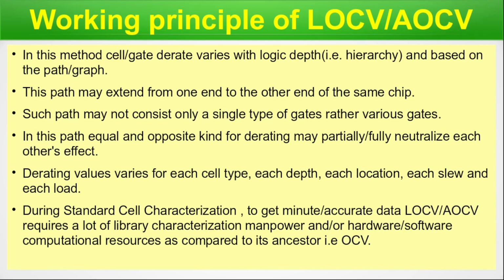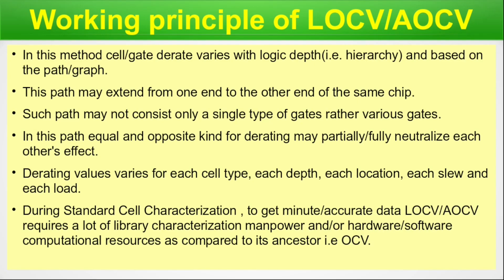Now, for this LOCV or AOCV, we require a huge amount of manpower and hardware or software resources. Manpower in the sense of more man days rather than more people, that is work weeks, spent here on standard cell characterization.